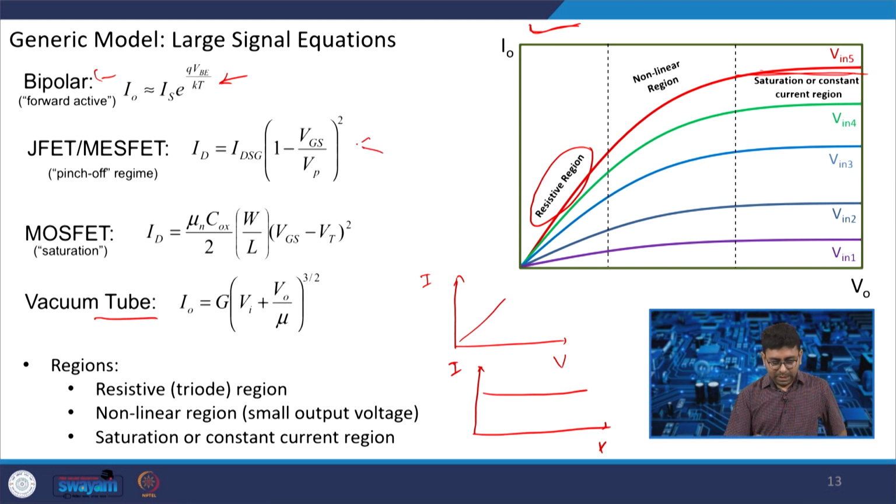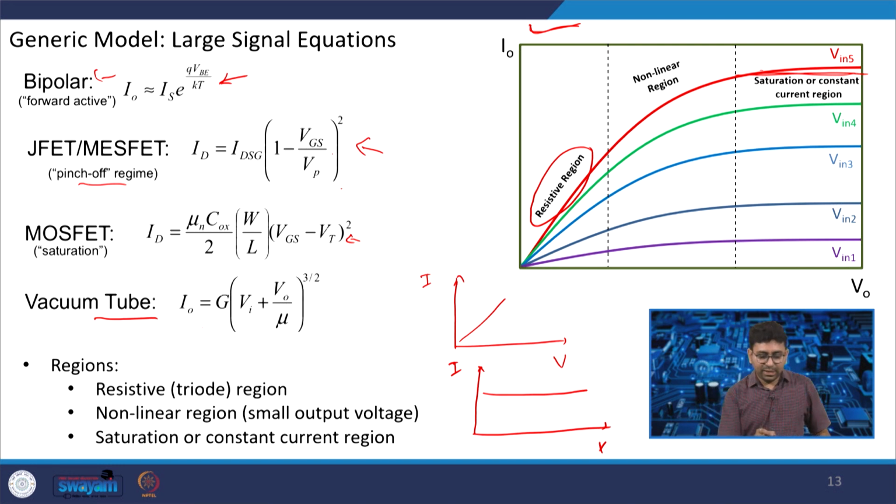For FET and MOSFET, which work in the pinch-off regime, the ID current equation is written in this form, a square function of input voltage, and similarly the MOSFET is also a square function. The vacuum tube is no longer in use, but for analogy purposes it is kept here, so that this generic model can be applied to any device.